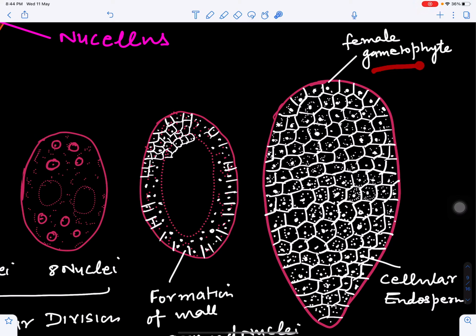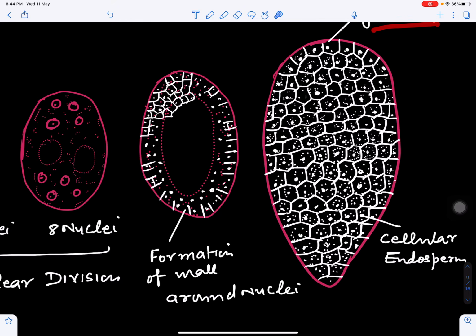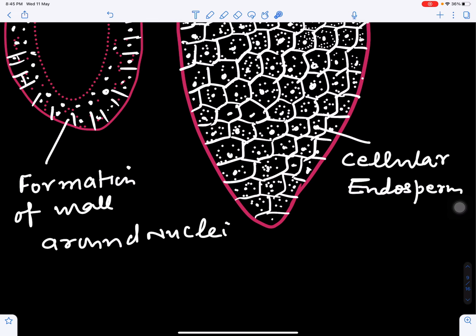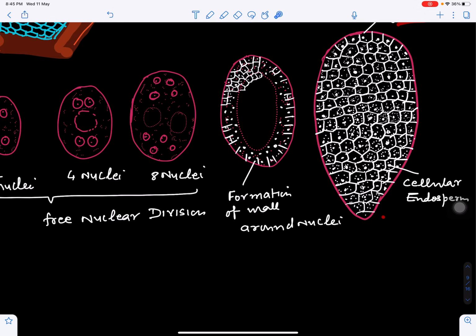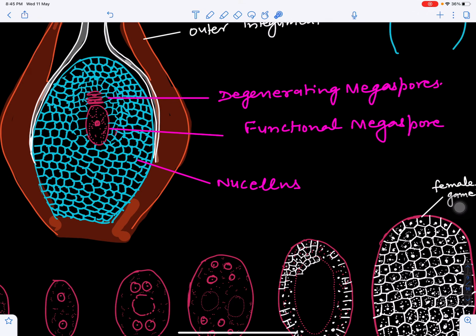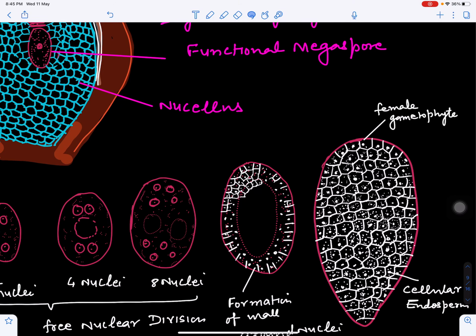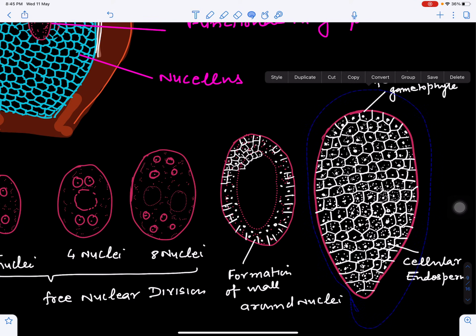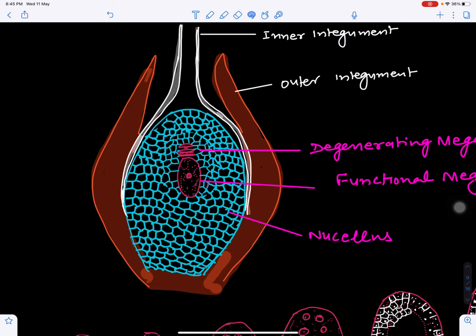This is called the female gametophyte, and this is also called the endosperm. The endosperm, or female gametophyte, is the area which is present over here at this part. Now if I try to put it in here, you can understand how this is being produced. This is the endosperm which is produced inside the nucellus part.